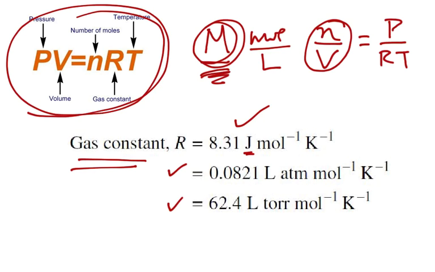In the same way, let's say we wanted to do density. Density is mass per volume, d equals m over V. So for mass, we have moles, and moles we can get from mass divided by molar mass, and divided by the volume. So you can rearrange this again and figure out the density of a substance, especially of a gas.